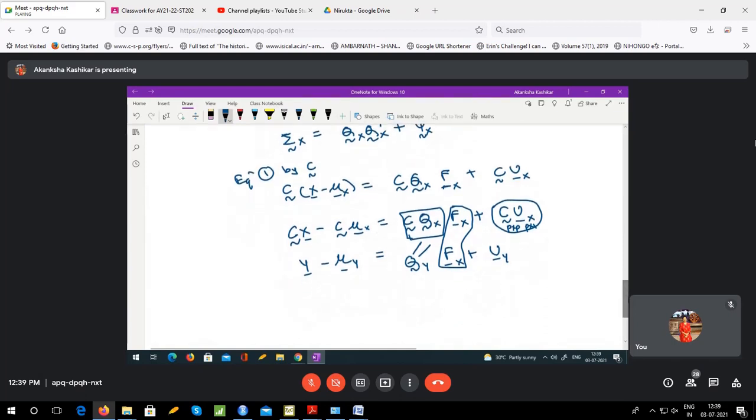But we need to see what happens to sigma y also. So sigma y would be the expectation of (y minus mu y)(y minus mu y) prime.